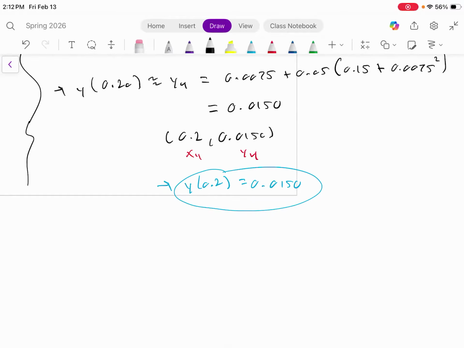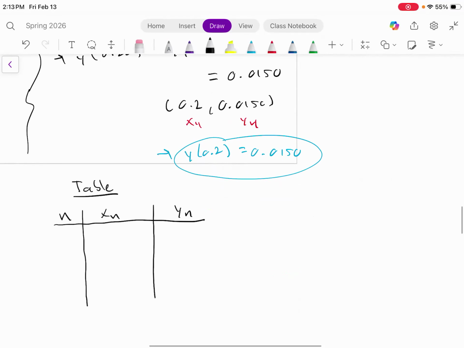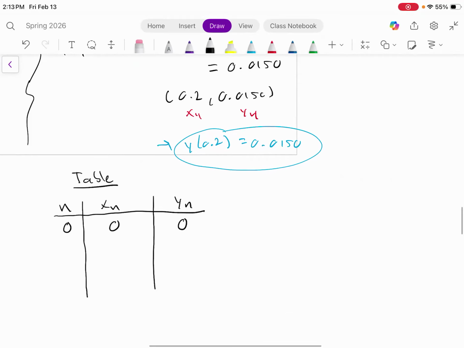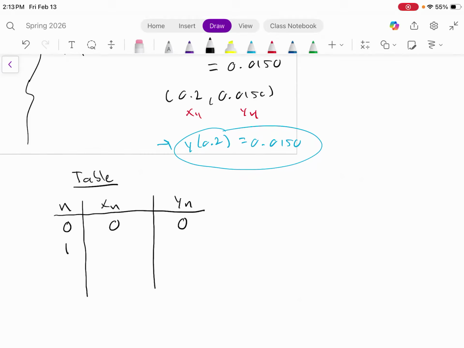Okay, and once again, I like to just put everything in a nice table of our indexes, our x's, and our y's. So we went up to n equals 4. So 0, 0, 0. Our x1, y1, 0.05 and 0.